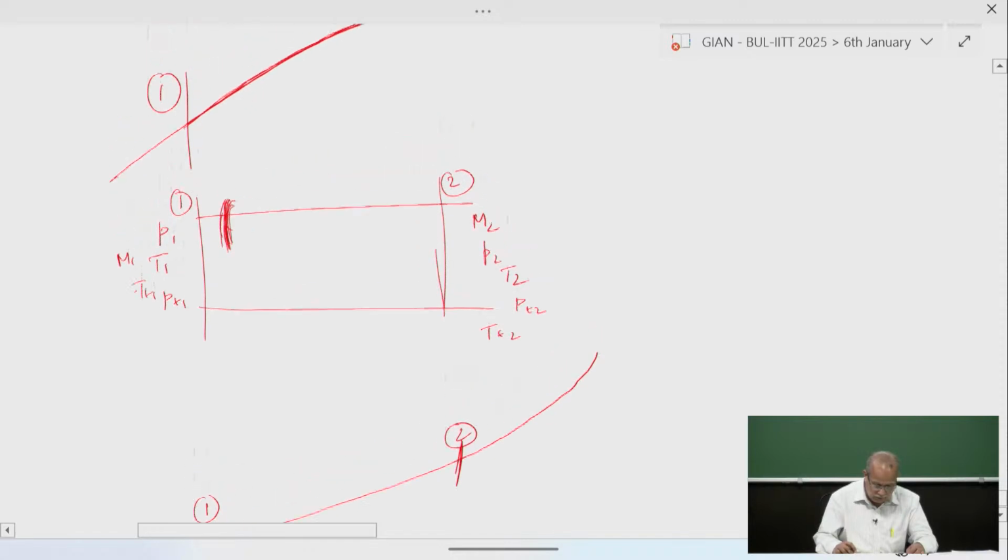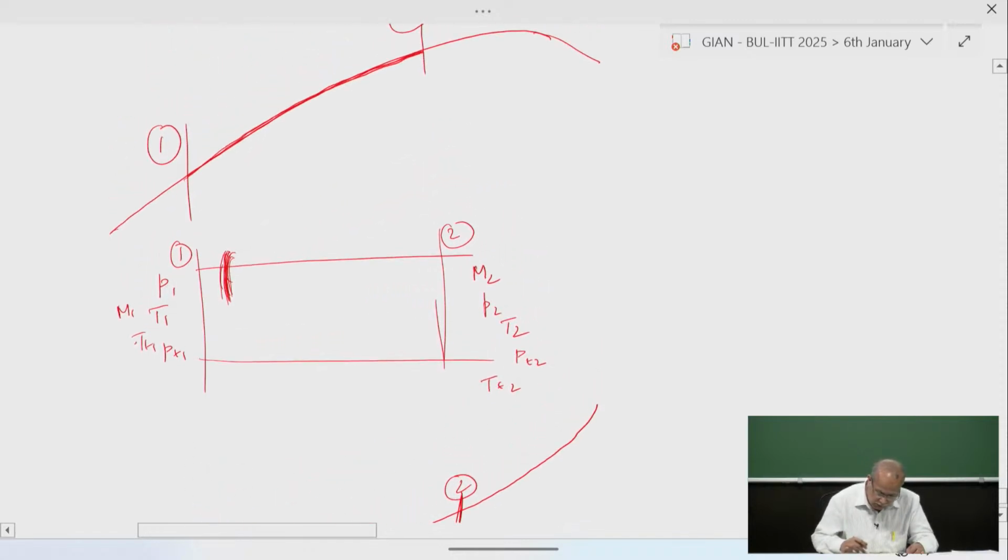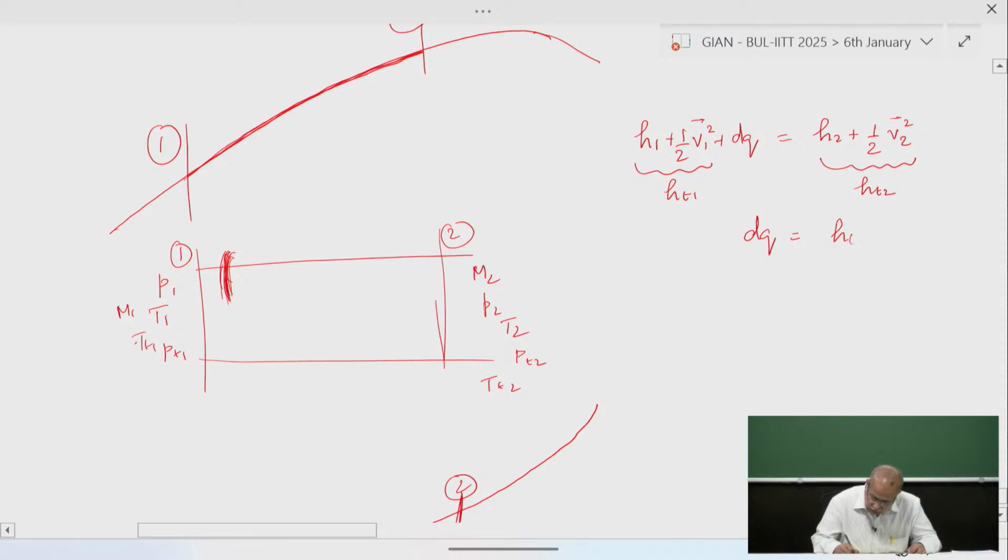Now the same problem, irrespective of upper branch or lower branch, the energy equation is H1 plus half V1 square plus dq is equal to H2 plus half V2 square. All these velocities here. So this could be HT1, this is HT2. So we can write here dq is equal to HT2 minus HT1.